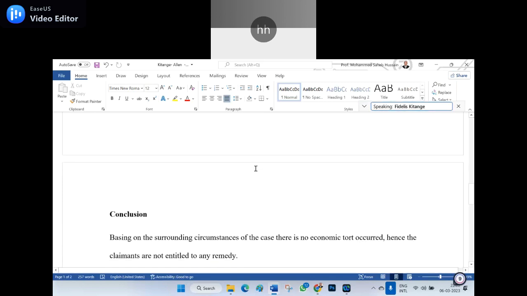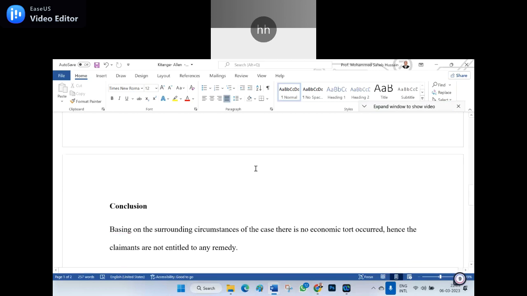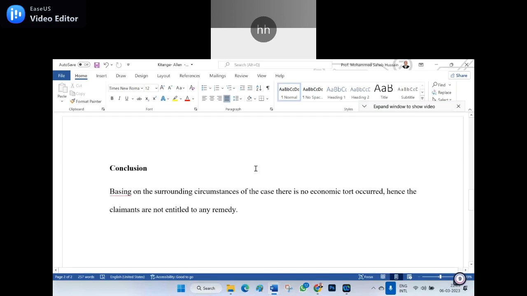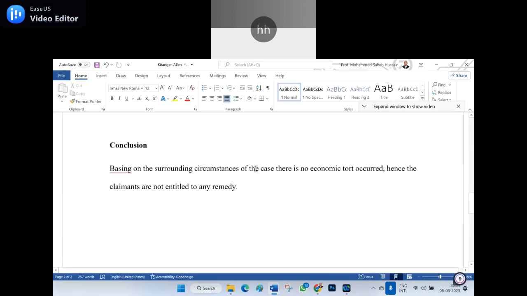Next, if the two issues are there, then two paragraphs of the conclusion: first issue conclusion and second issue conclusion. The first issue conclusion you wrote already: based on the surrounding circumstances of the case, there is no economic tort occurred, hence the claimants are not entitled to any remedy.